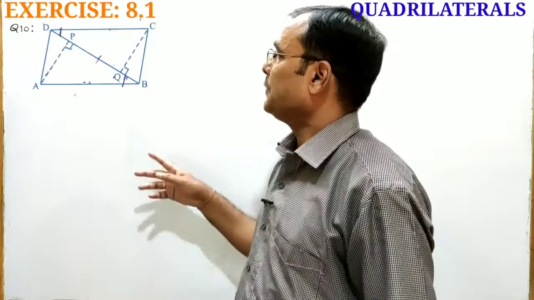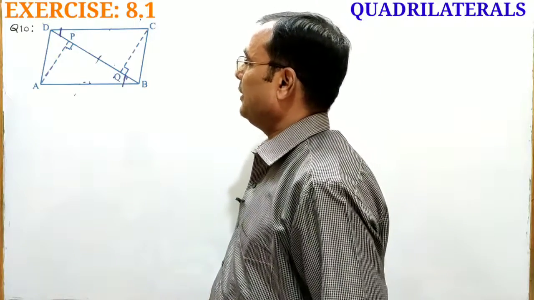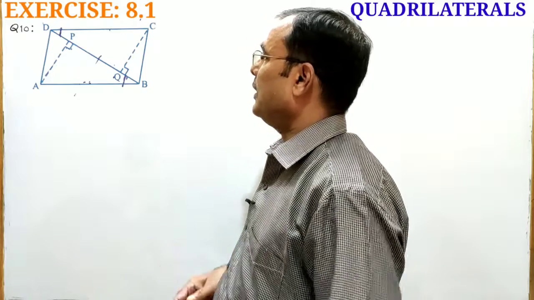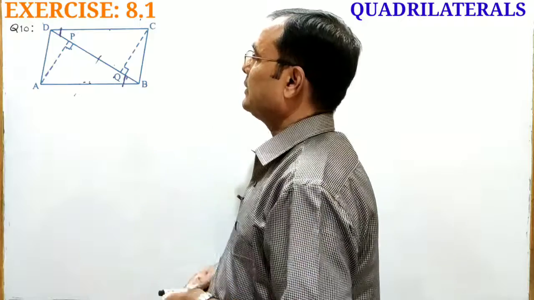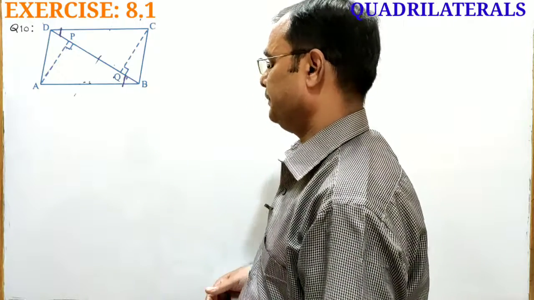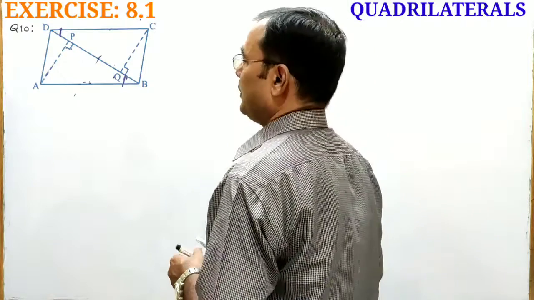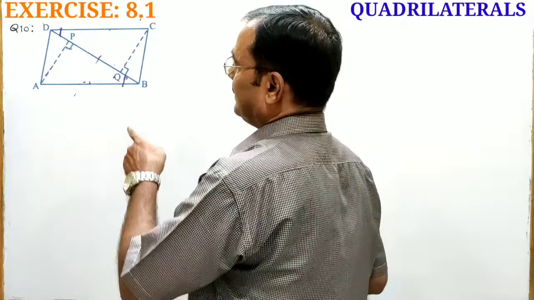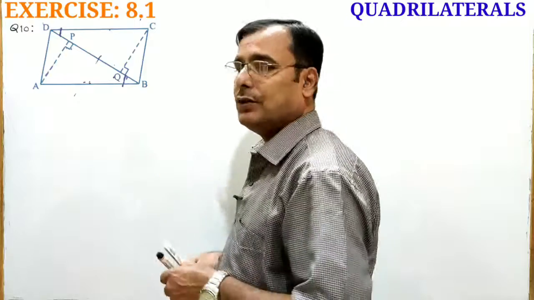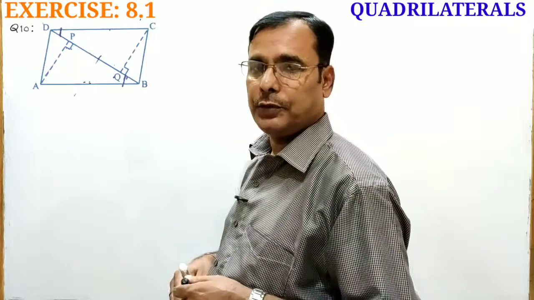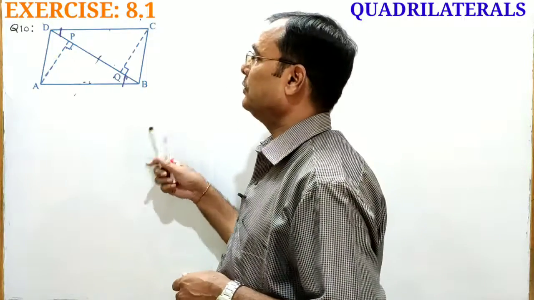In this figure, ABCD is a parallelogram. AP and CQ are perpendiculars drawn from vertices A and C on the diagonal BD. We have to prove that triangle APB is congruent to triangle CQD, and also we have to prove that AP equal to CQ.